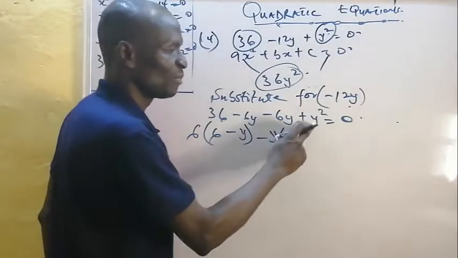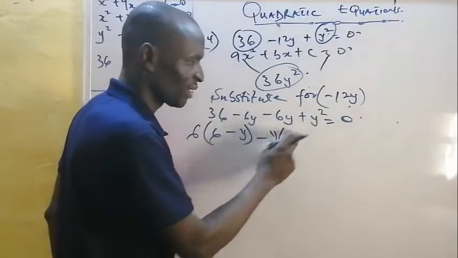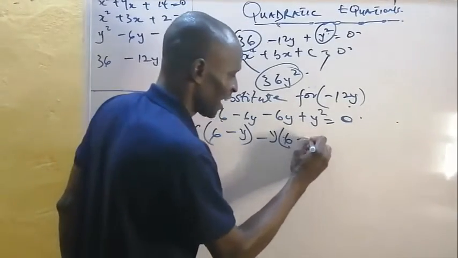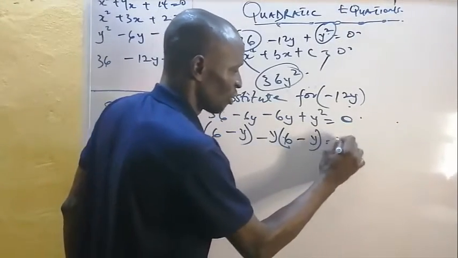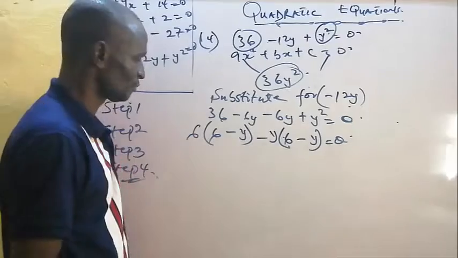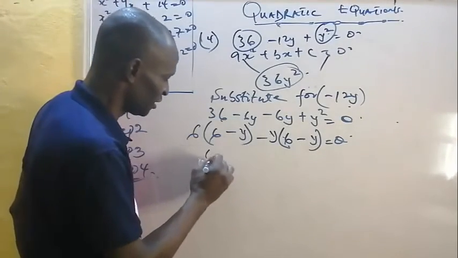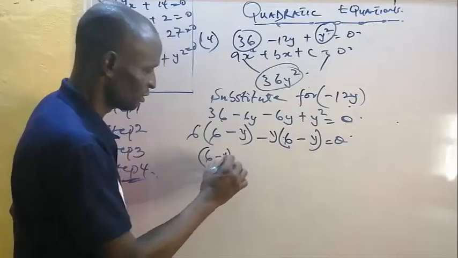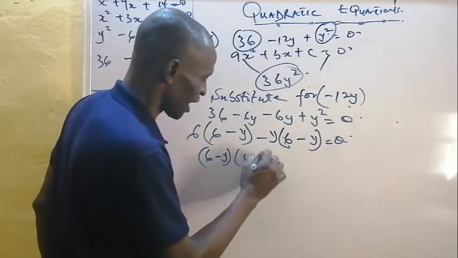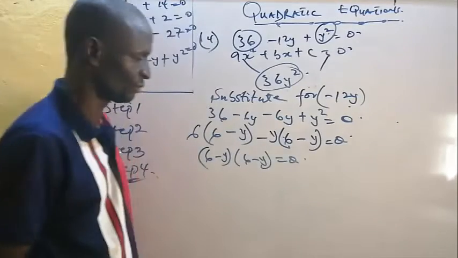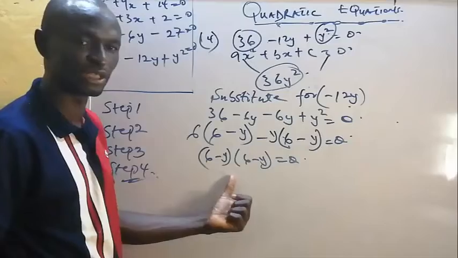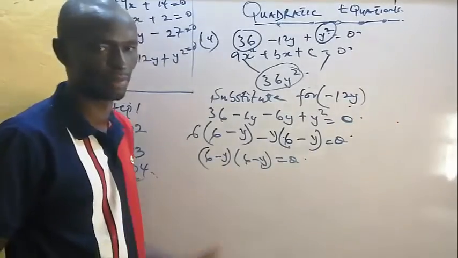But minus y in plus y squared, this minus affects this positive sign. I have minus y. So at the end of the day, 6 minus y into 6 minus y is equal to 0. Obviously, I have a repetition of 6 minus y, 6 minus y.